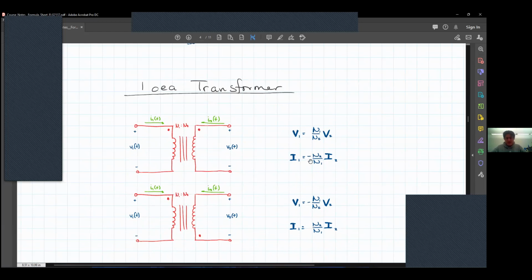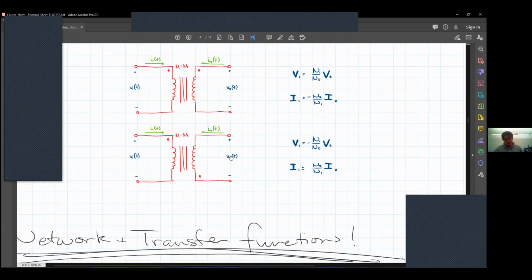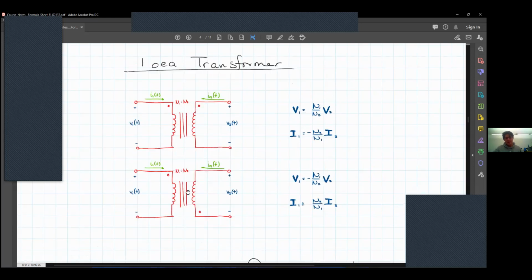You would multiply by your coil ratio, using your coil count divided by the other side of the transformer's coil count. Note that these signs get swapped. So the voltage becomes negative and the current becomes equal if you have opposite-sided paired inductors.